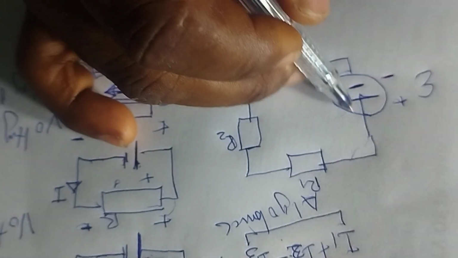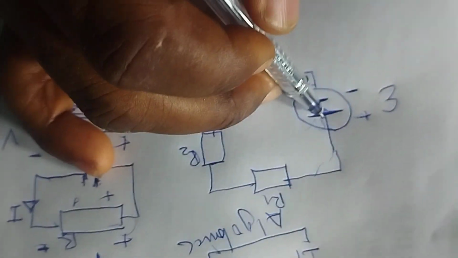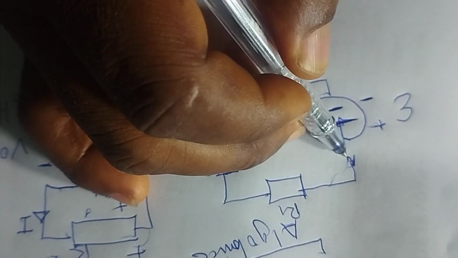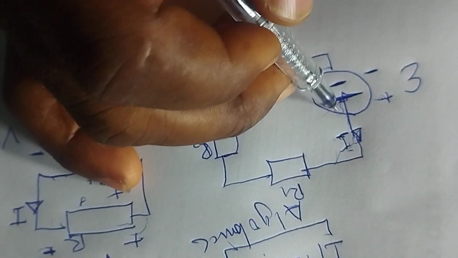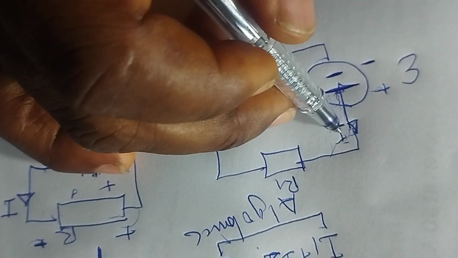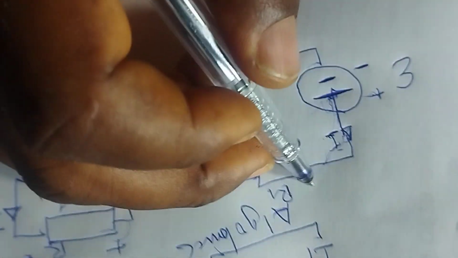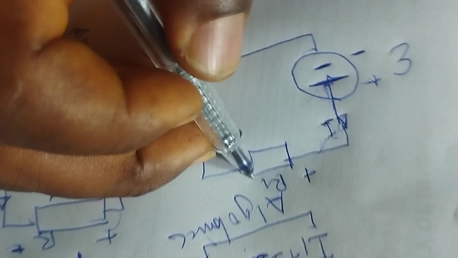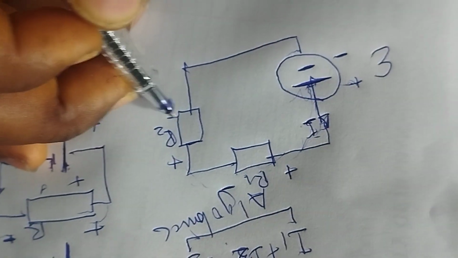Now if you look at this particular place, the current, let's call it I, is leaving this positive terminal of this cell, moving from the positive. So this positive is connected to this R1, so this will be plus and this place will be minus. The same thing with this, as the current is moving around, this is a plus and this is minus.